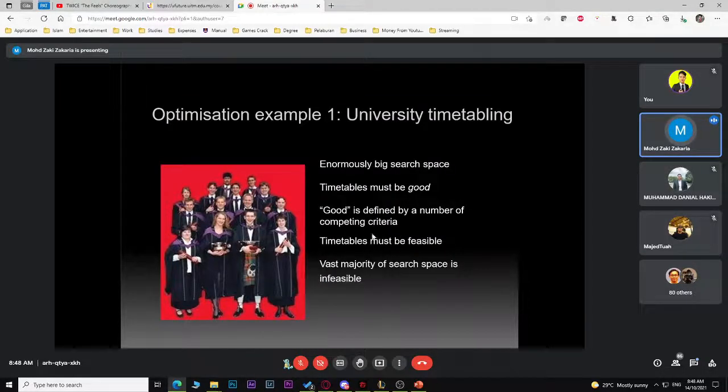For example, timetabling. Timetabling involves a big search space.